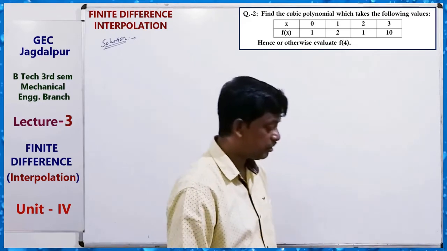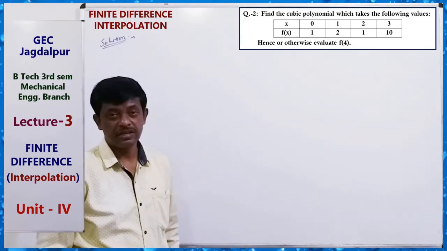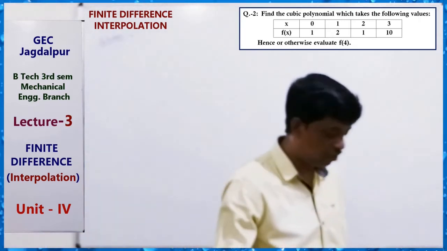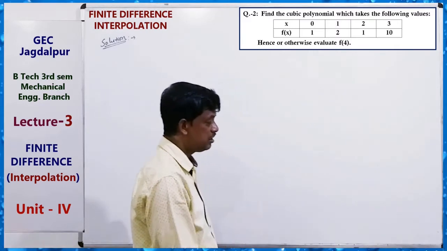Okay. So here for this question we have to find what? Cubic polynomial means third degree polynomial. So just we see that the given table is what?